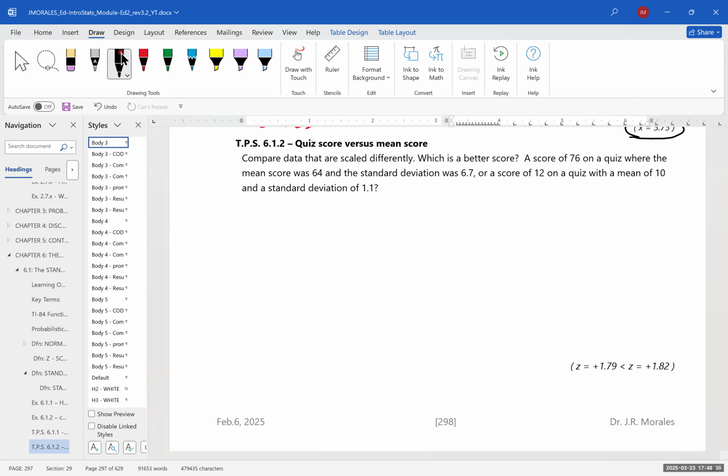You're converting two values to z-scores from two separate normal distributions. And by taking values from two separate normal distributions and putting them both in a z-score, it makes it so that you can directly compare them.